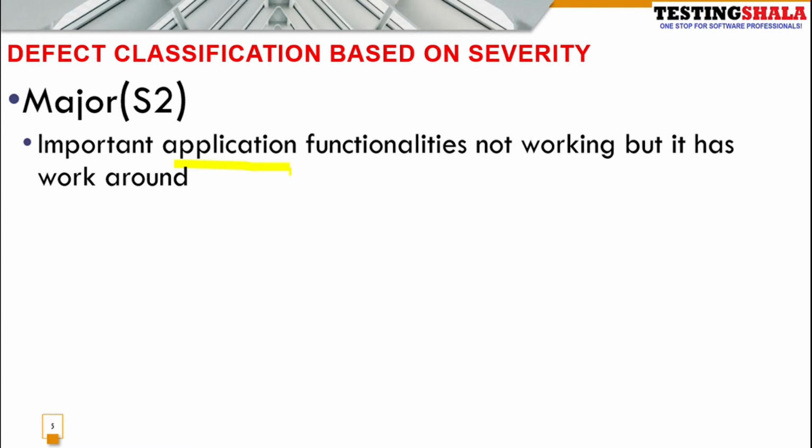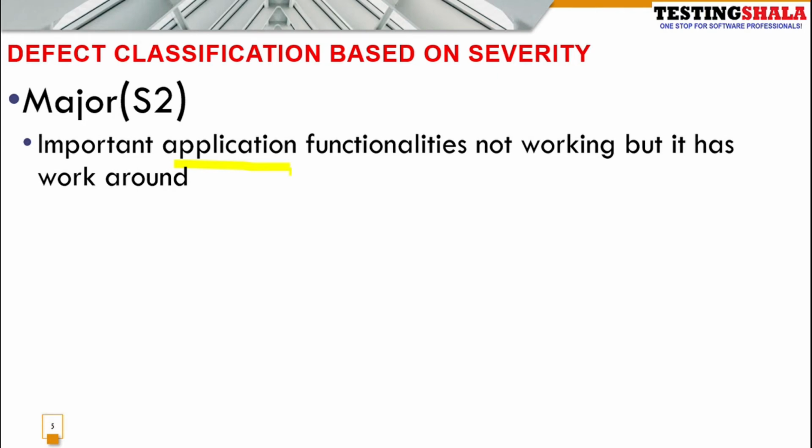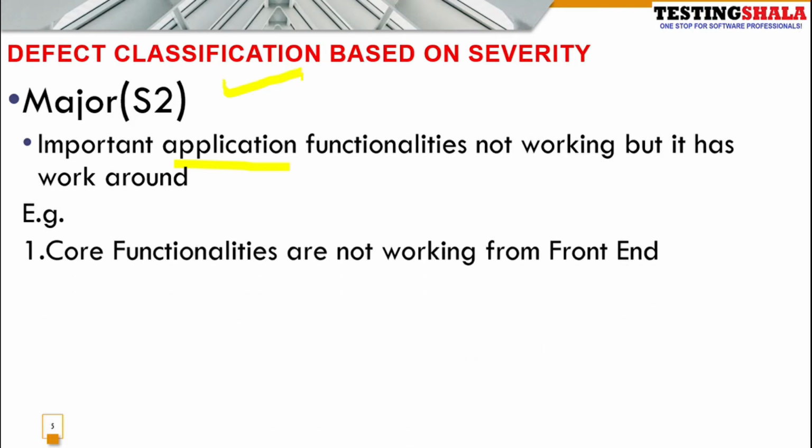Let's say in an e-commerce application, the order management functionality or payment gateway functionality fails, but we have a workaround. Then whatever issues we come across from those scenarios, we will log under major severity. Let us understand some examples of major severity defects. The first example is core functionalities which are not working at all.